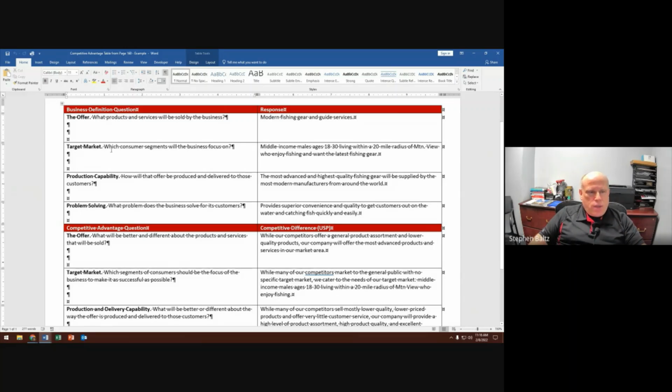And then the target market, which consumer segments will the business focus on? Well, in my case, and really any business, it needs to have one or more target markets that you're going to target your promotion and your product to. It doesn't mean that you're not going to sell to other groups that don't fit within this target market.